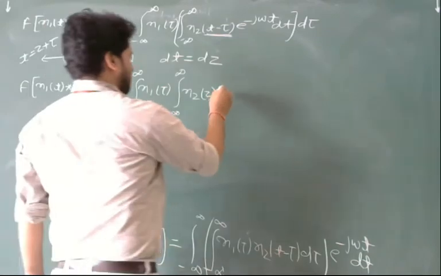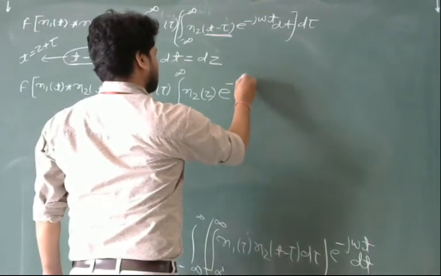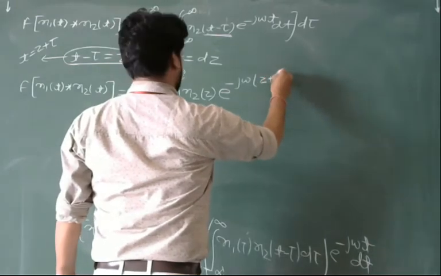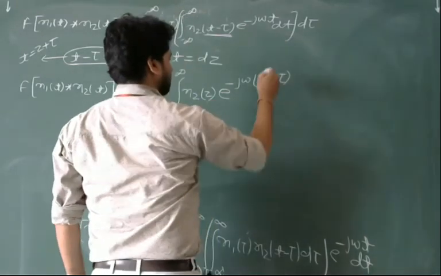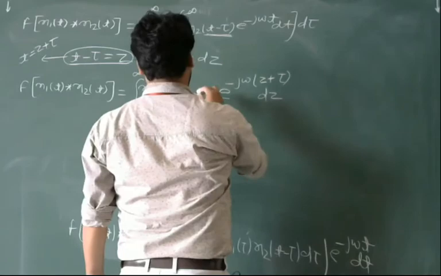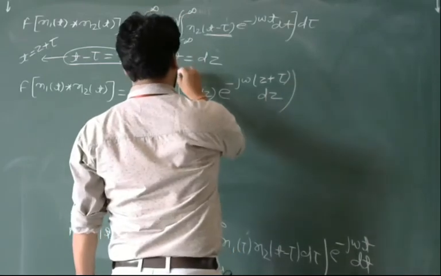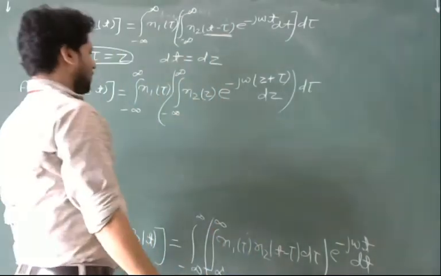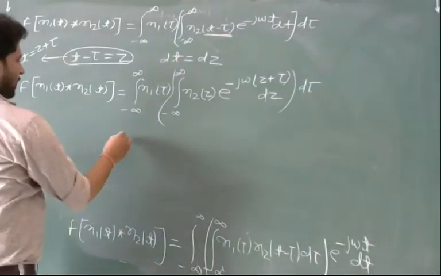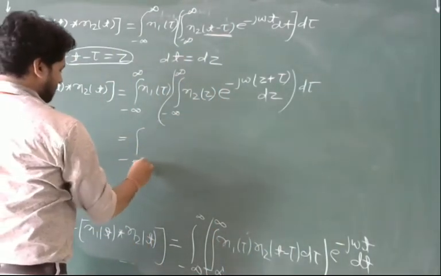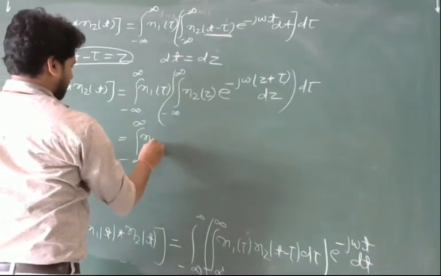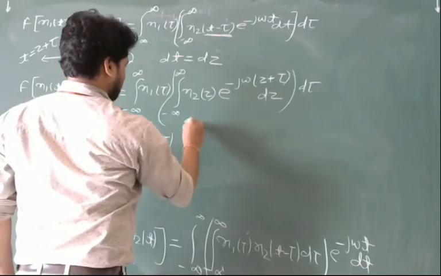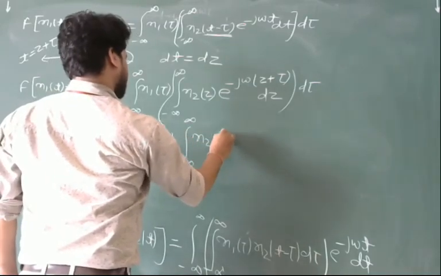So in place of t in the exponent minus j omega t, I will put z plus tau, and dt will become dz, and the whole integration is with respect to tau. Now I will write it as the integral from minus infinity to plus infinity of x1(tau), times the integral from minus infinity to plus infinity of x2(z).